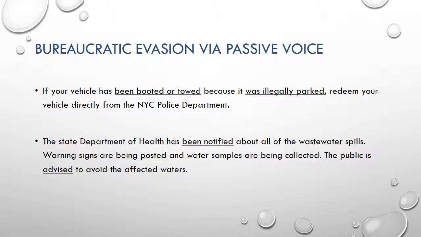For instance, if your vehicle has been booted or towed because it was illegally parked, redeem your vehicle directly from the New York City Police Department. Or again, the State Department of Health has been notified about all the wastewater spills. Sounds like a disaster. Warning signs are being posted and water samples are being collected. The public is advised to avoid the affected waters.